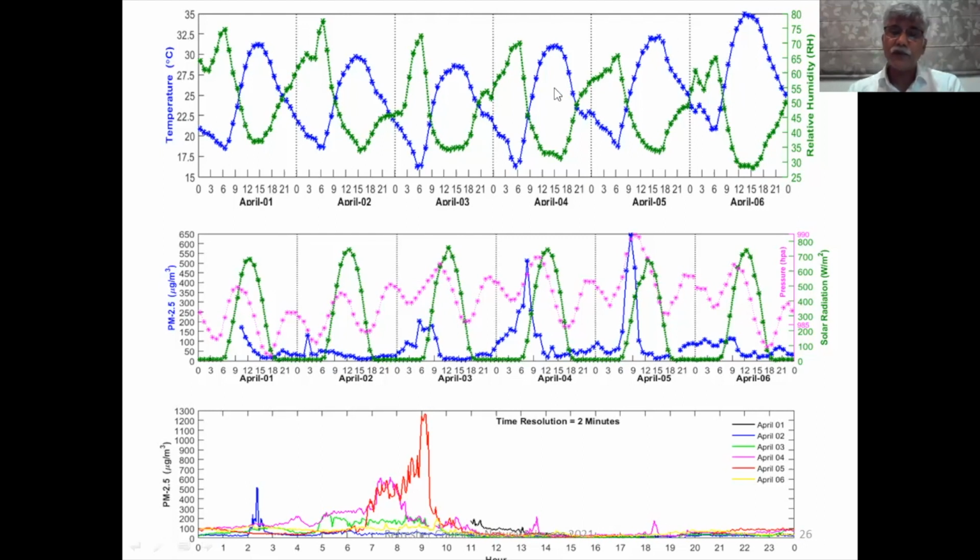But what do you think about the direct consequence on temperature? We all understand that early morning around 6, the temperature is at its minimum. Then solar insolation starts increasing and the temperature starts increasing. So when there is a peak in the temperature, relative humidity is at its minimum.